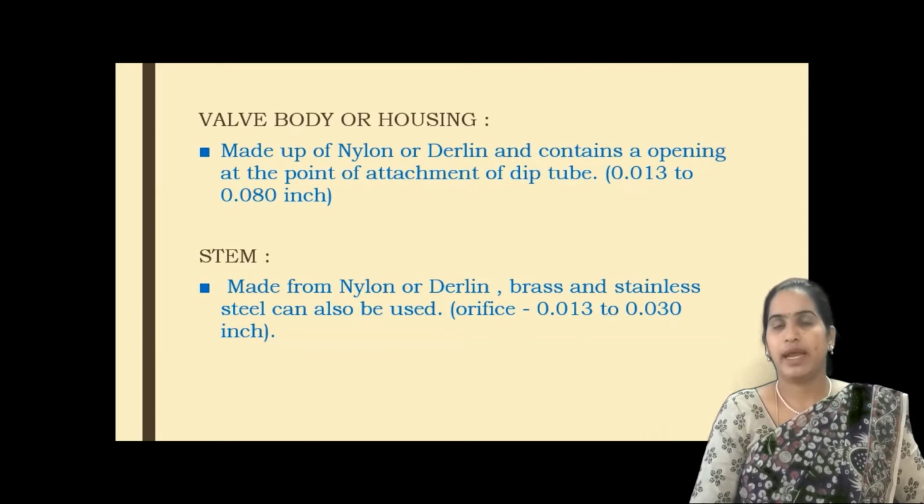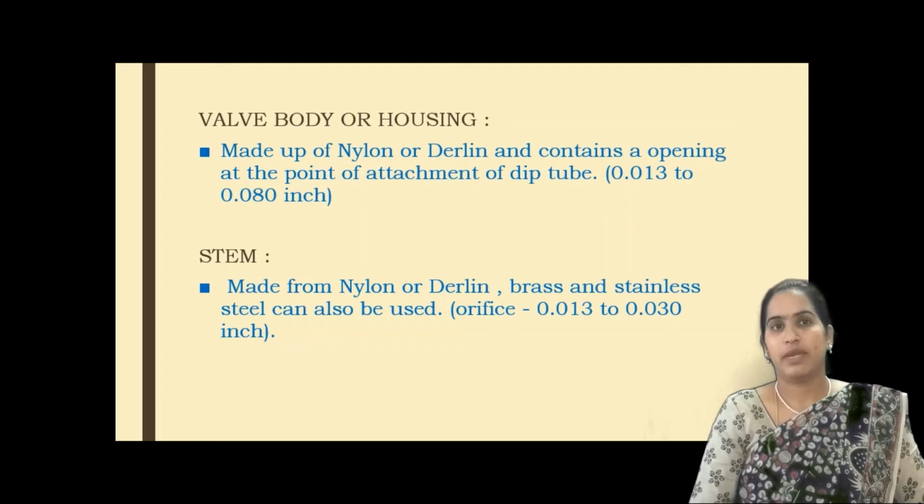The stem and the orifice of the housing will determine the form of delivery, that is, in which form we want to deliver the product. That will be decided by the orifice size and stem diameter. This housing is a link between the stem, actuator and dip tube.